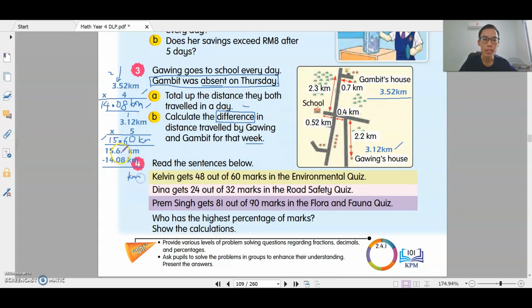Write your unit. There's nothing here, so we can add 0. 0 cannot minus 8, so we plus 10 minus 1. So 10 minus 8 is 2. 5 minus 0 is 5. 2 decimal places, your point. 5 minus 4 is 1. So the difference is 1.52 km.